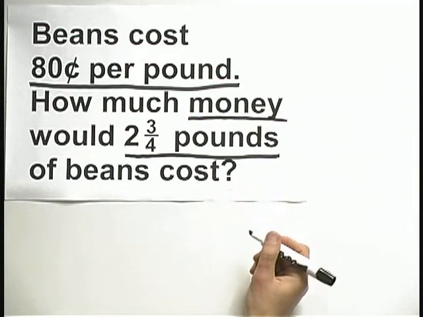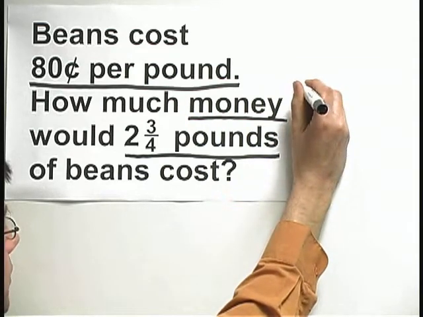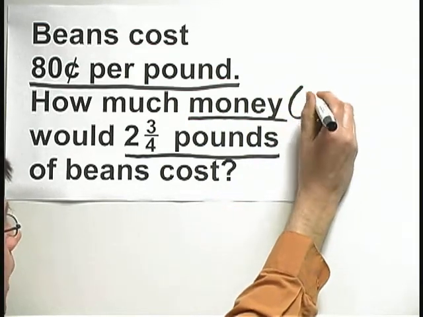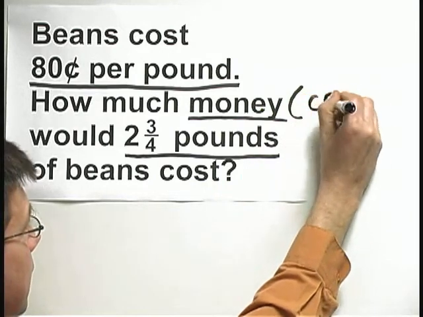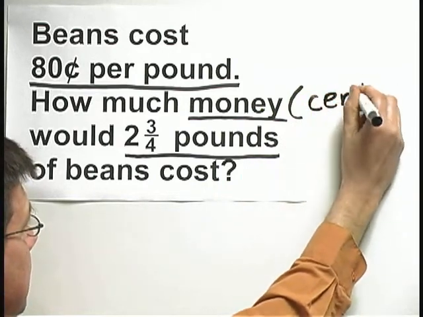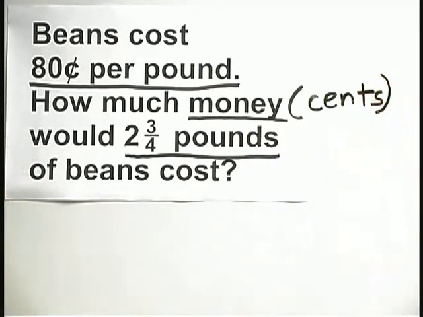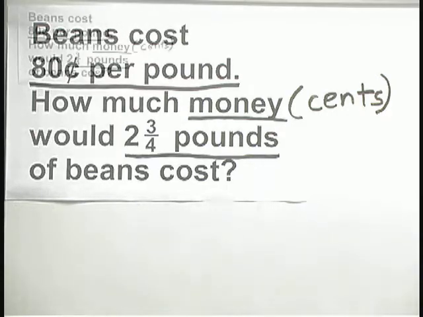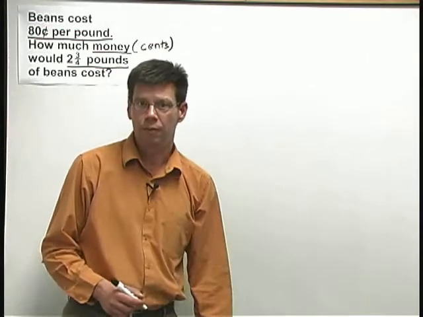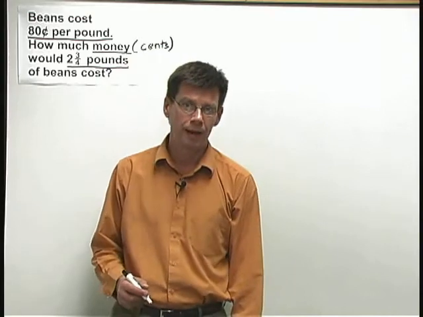And our money here is cents. So we're going to find out how many cents we need to buy 2 3/4 pounds of beans. Now, our rate in this problem is 80 cents per pound.